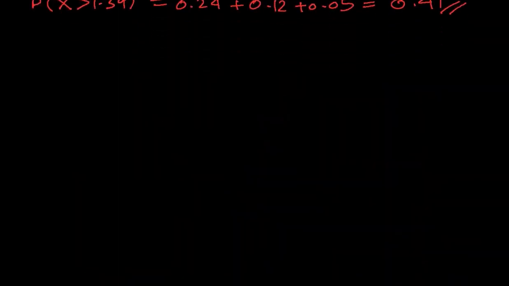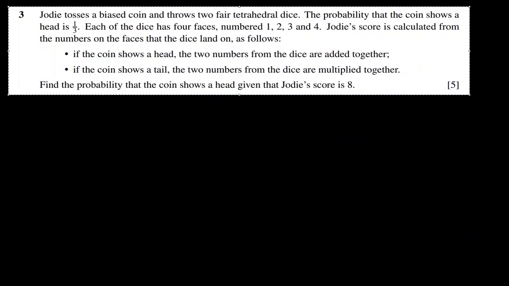Okay, let's move on to the next question. Judy tosses a biased coin and throws two fair tetrahedral dice. The probability that the coin throws a head is 1 over 3.